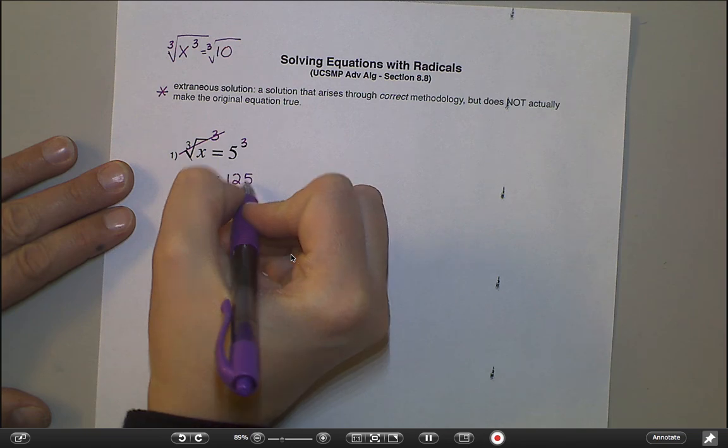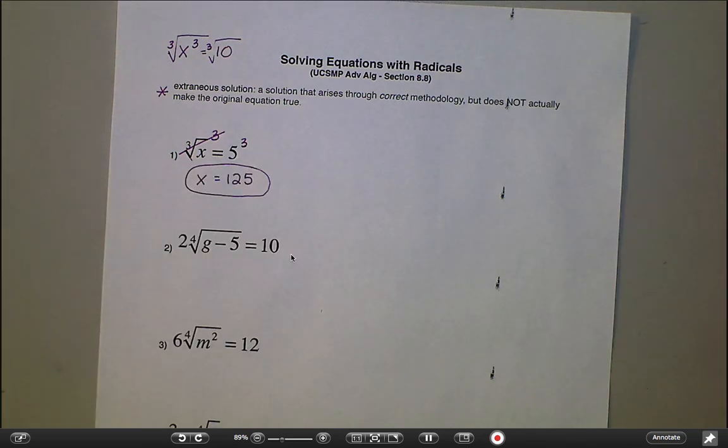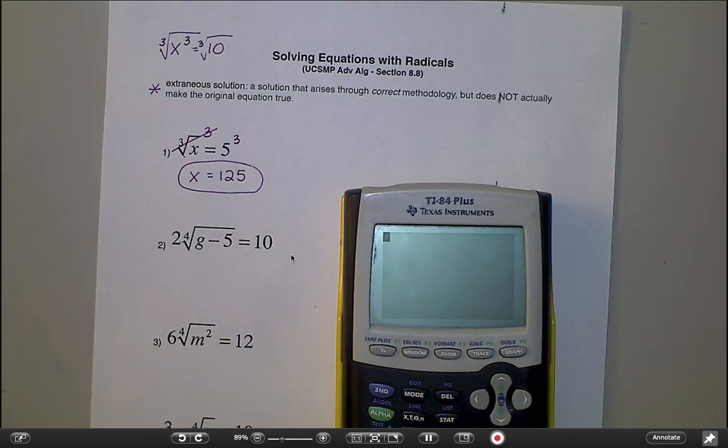Okay. And then, like I was just ranting about a second ago, we do need to check our answer. So this is one of the older styles of calculators, so watch what happens when I type this in. 3, and then x root of 125. If your calculator screen looks like mine right now, you have what I keep referring to as the older style of calculator.